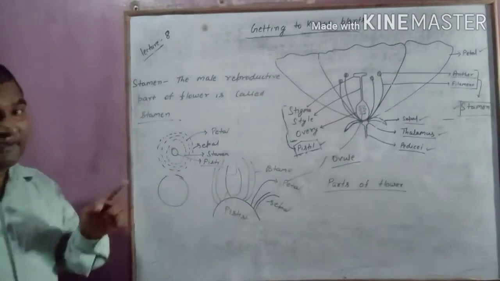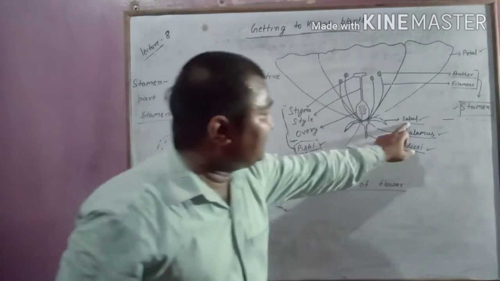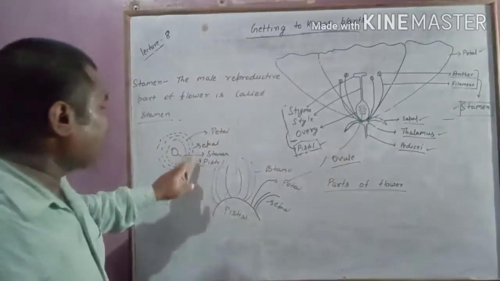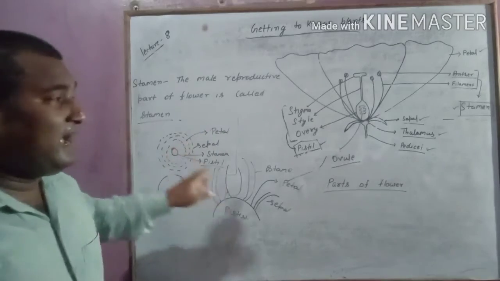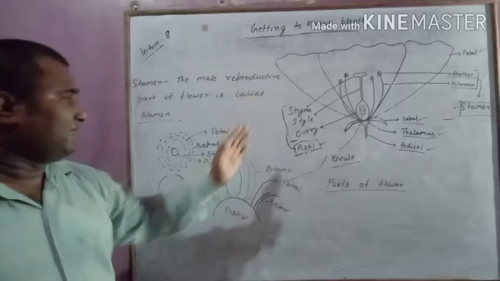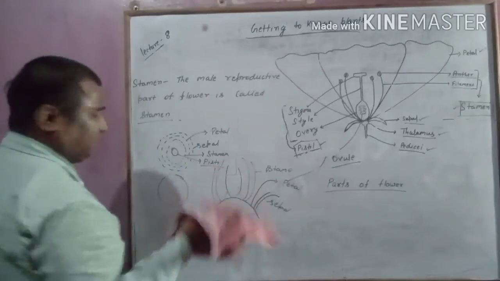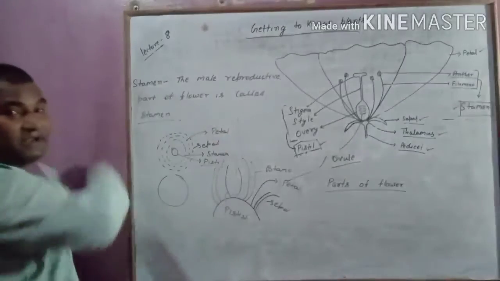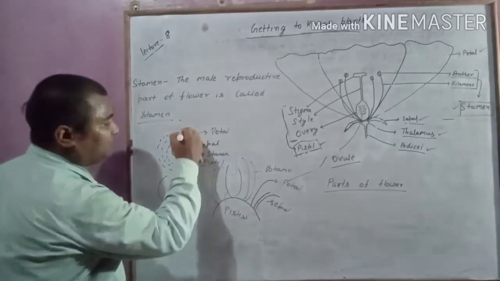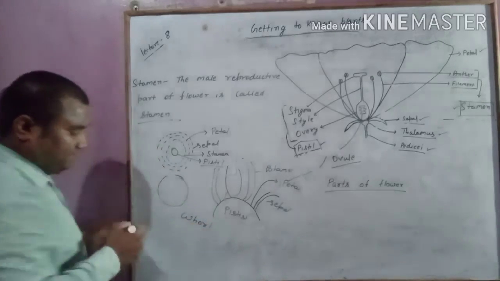Keep this in mind: the outermost layer is sepal, next is petal, next is stamen, and at the center is pistil. This circular arrangement of parts is called a whorl, which we will see.